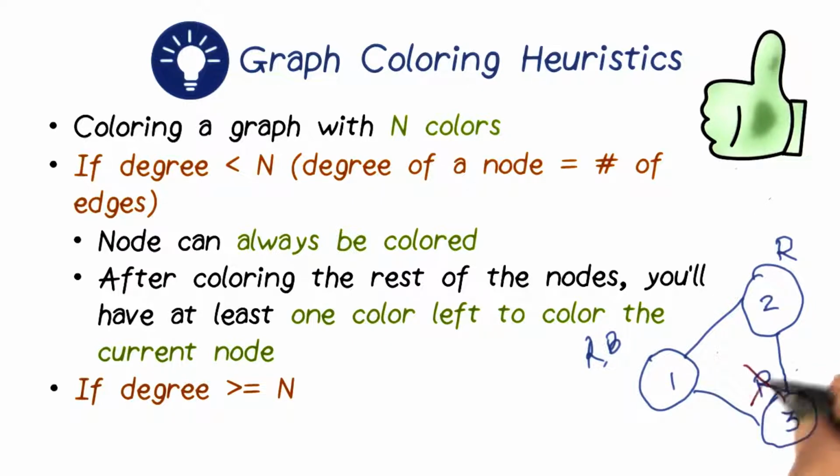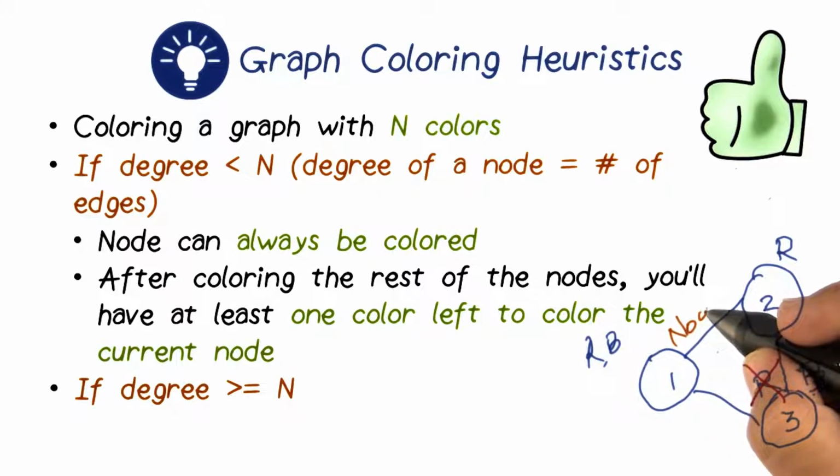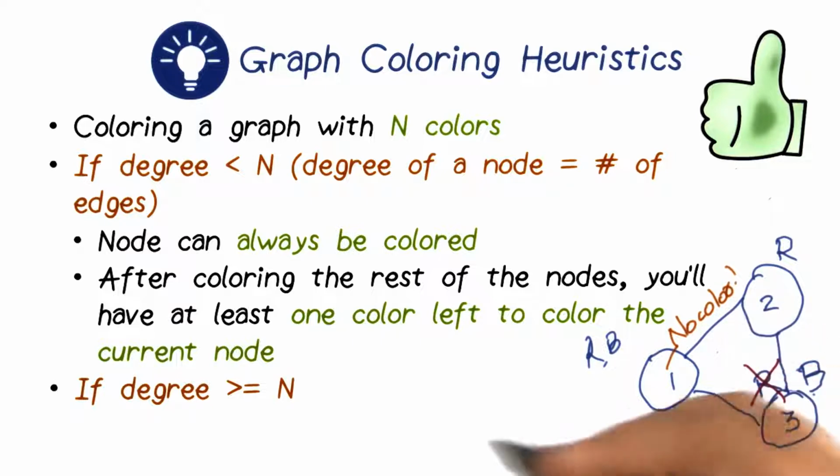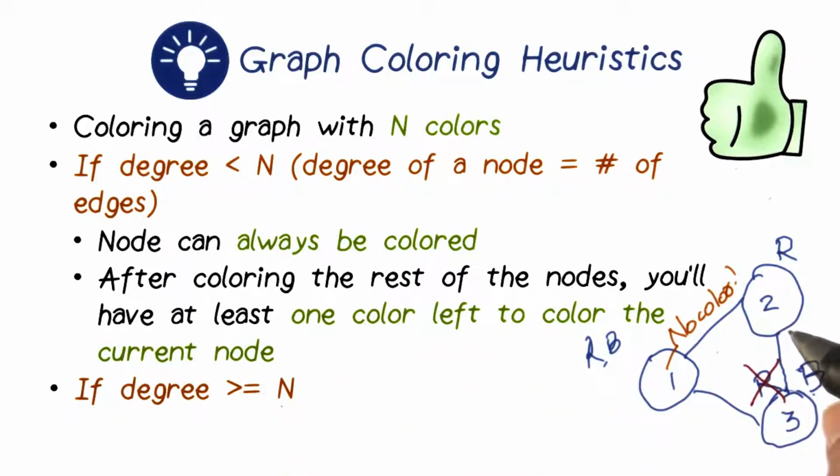This red color cannot be given here because they share a node. So then what could we do? We could give it a blue here. The moment we give red and blue here, however, we have no color left for this node. And in such a case, even under this particular condition, we simply cannot share colors amongst the neighbors, and therefore the node doesn't get a color.